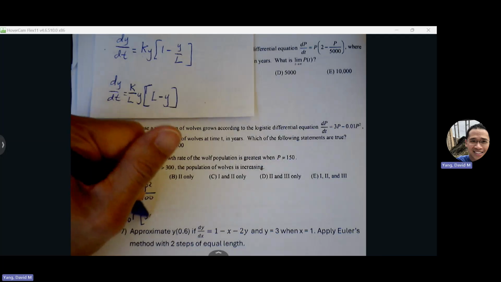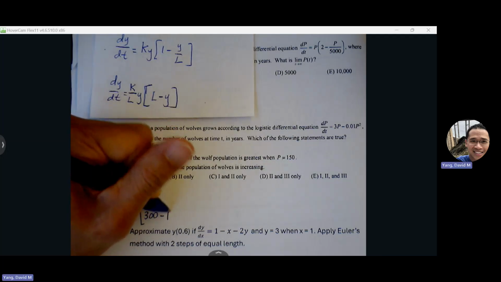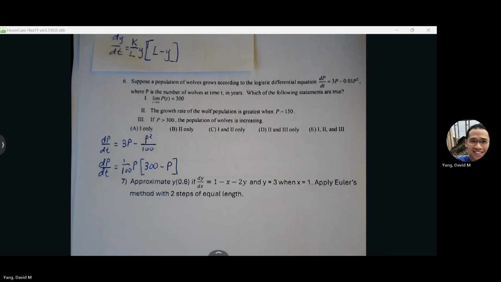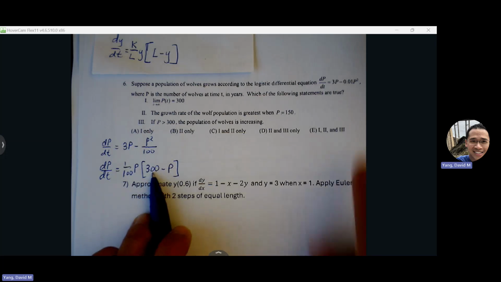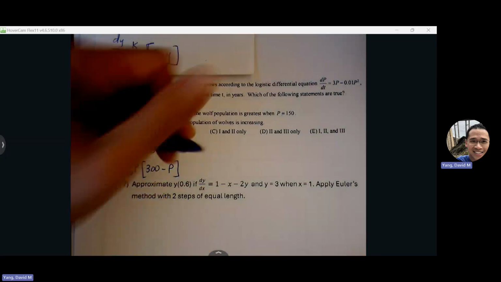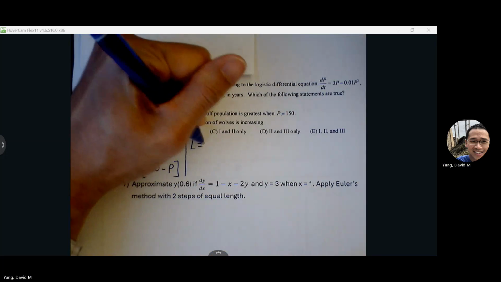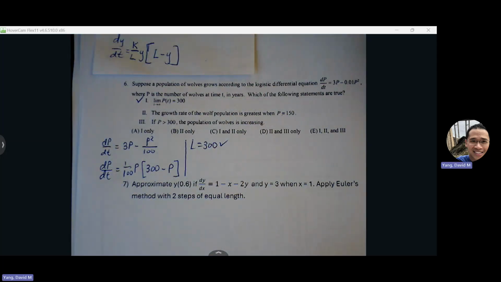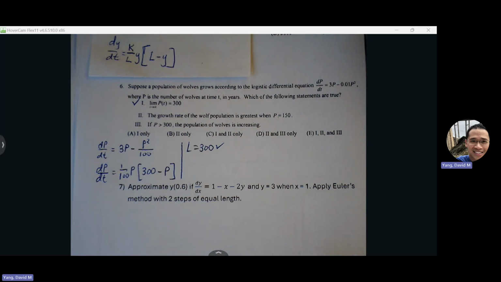I'm left with 300 minus p. So now it's easy to spot what our carrying capacity is. Our carrying capacity is 300. That makes sense. Answer choice 1 works.